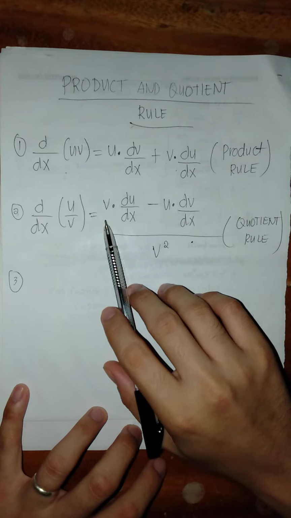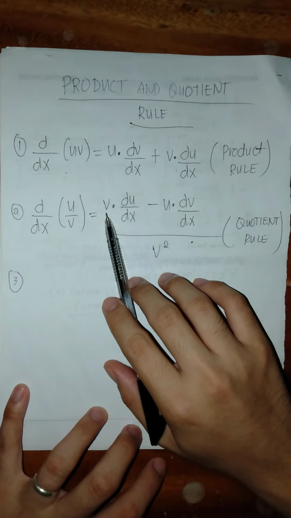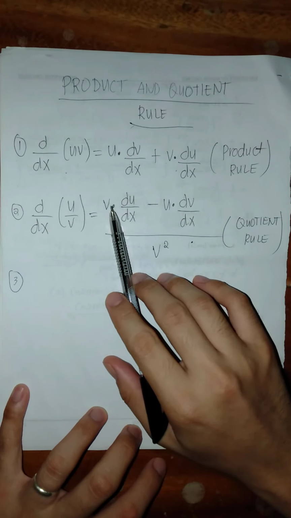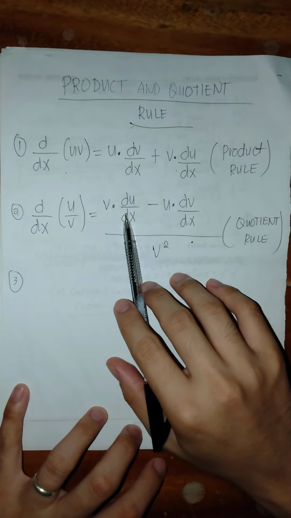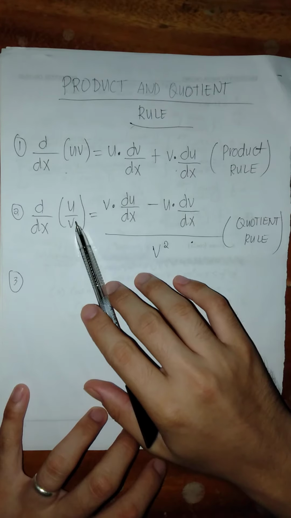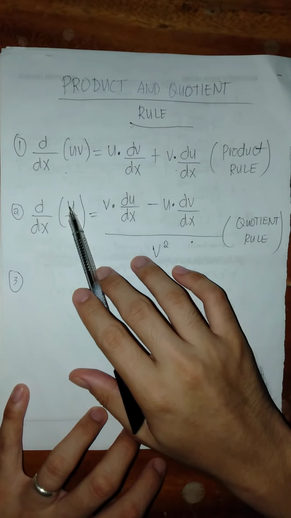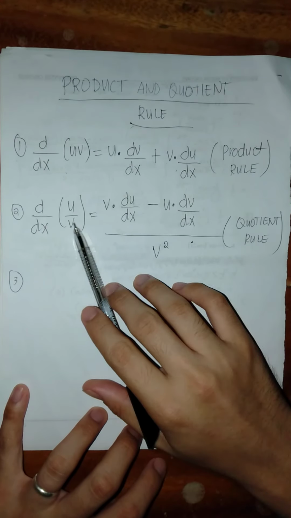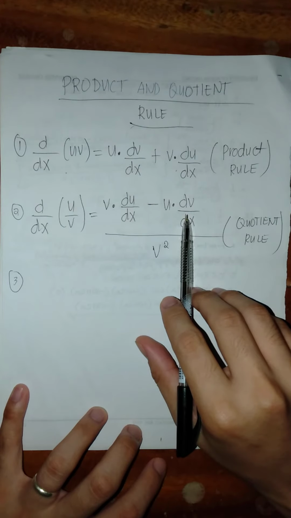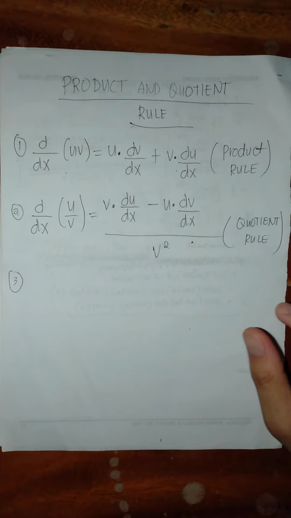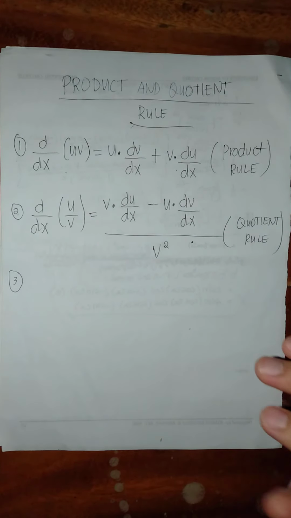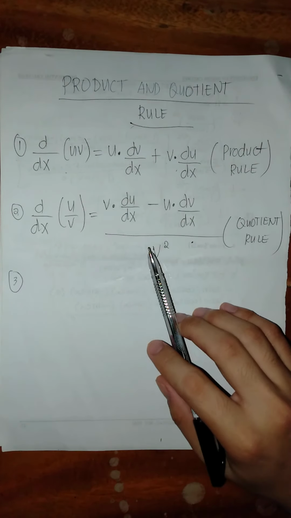That is v, your denominator, multiply by the derivative of the numerator, du over dx, minus your numerator, u, times the derivative of your denominator, dv over dx, all over the square of your denominator. That's how you use this formula. Later sa example natin, mas ma-highlight natin kung paano ina-apply yan.